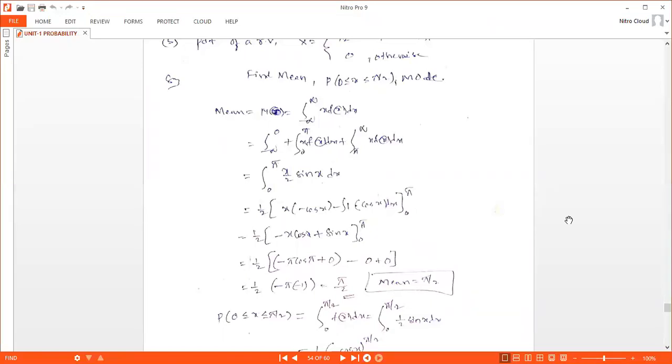The value of cos pi is minus 1, sin pi is 0, sin 0 is 0, cos 0 is 1, and 1 into 0 is 0. After simplification, the value of mean is pi by 2.